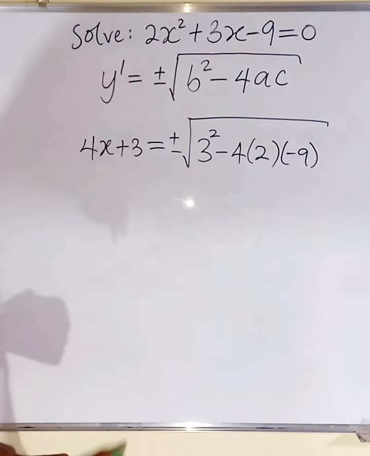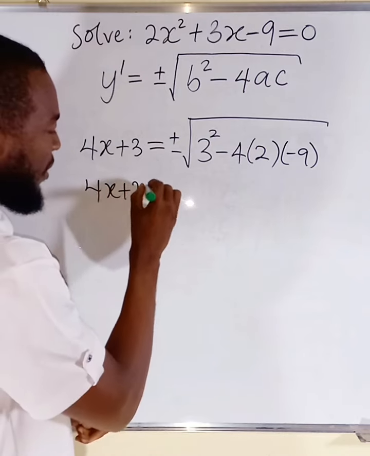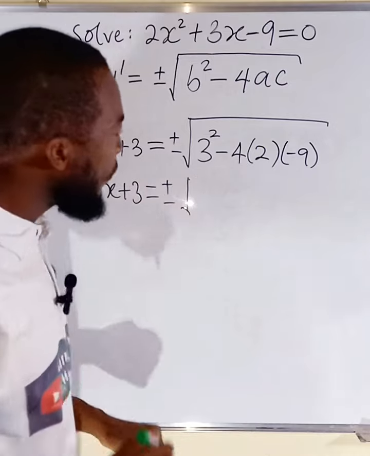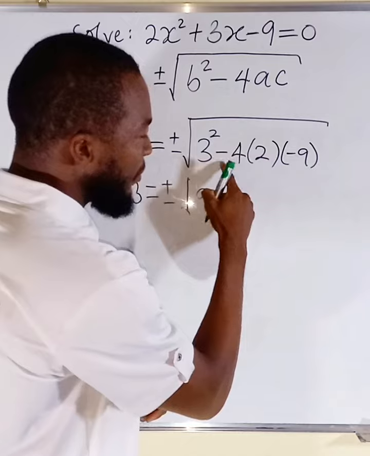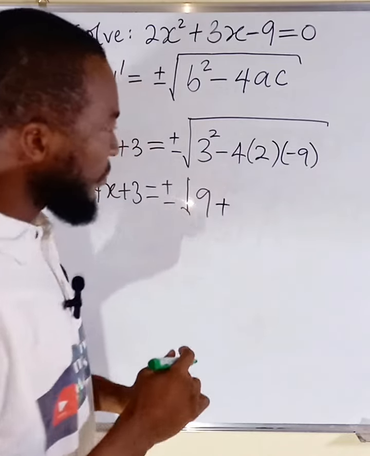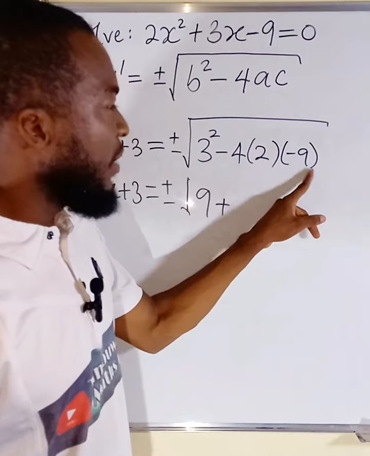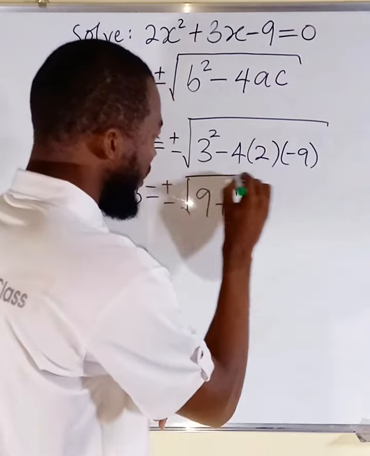Let's simplify this first. This is 4x plus 3 equal to plus or minus the square root of, this is 9, minus we have plus, 4 times 2 is 8, and 8 times 9 is 72, so we have 72 right here.